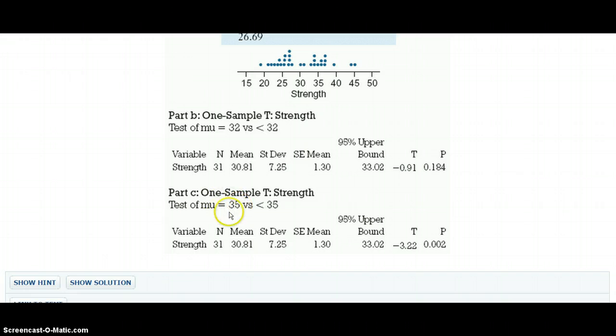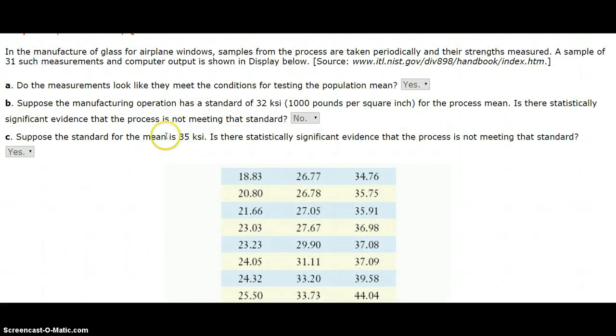We want to see how far apart this null and what we actually got in our sample is. So if this is higher, certainly there's going to be greater distance, and our t-value is going to be further away from 0. This gives us a p-value of 0.002, which is less than 0.05. So here we do have some reason to believe that the process is not meeting the standard.